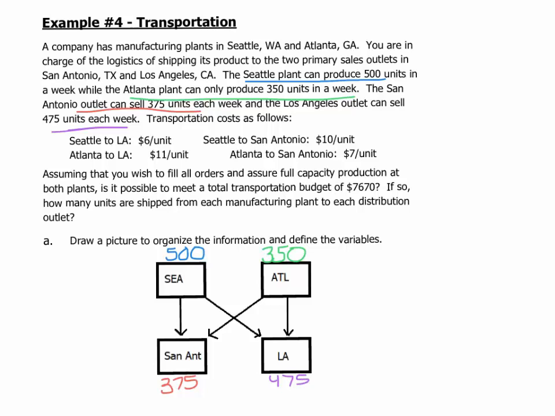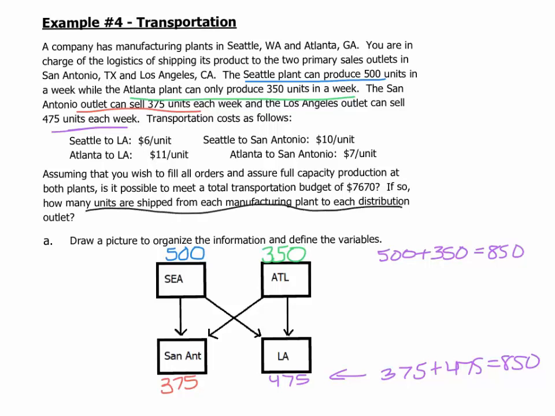Now notice that the sum of the 500 plus the 350, that's 850, is actually equal to the same sum that we have here. And that'll be the case for all of these problems that you're going to see. Before we move on, they ask us, how many units are shipped from each manufacturing plant to each distribution outlet?